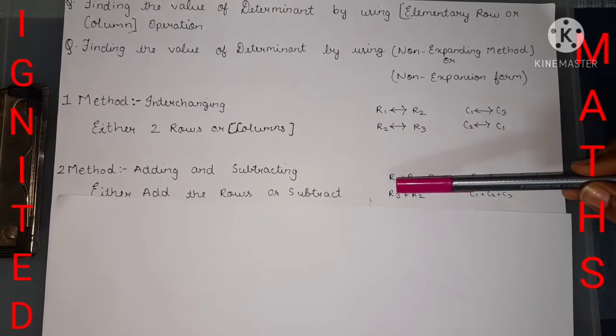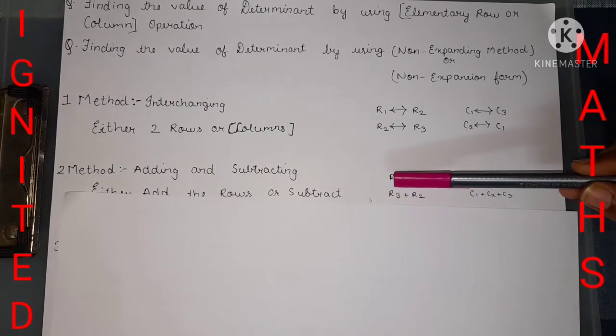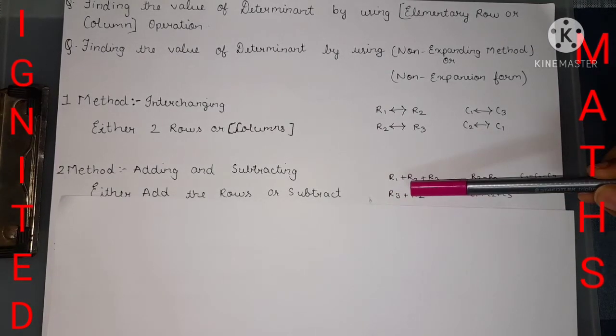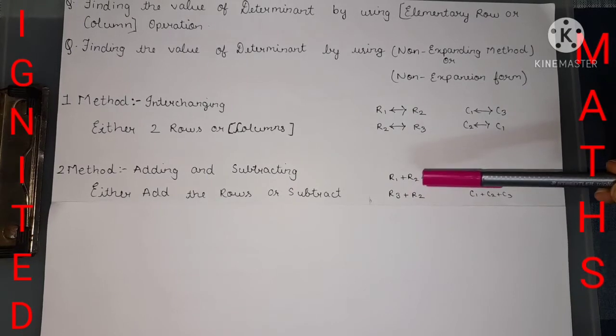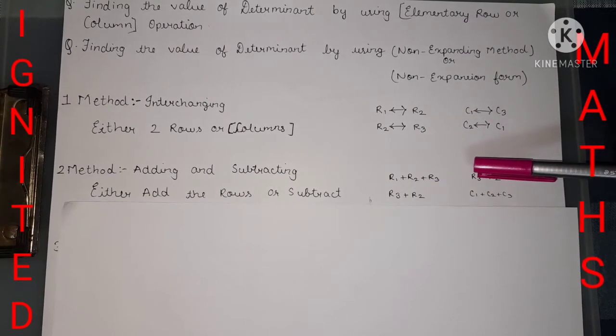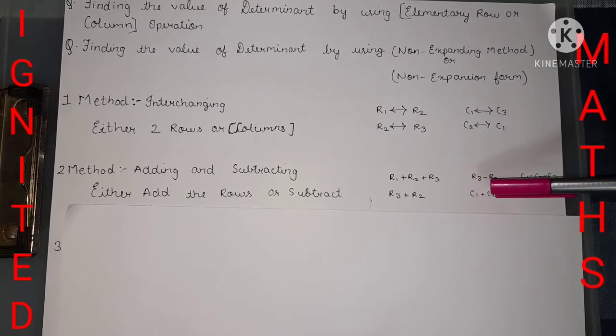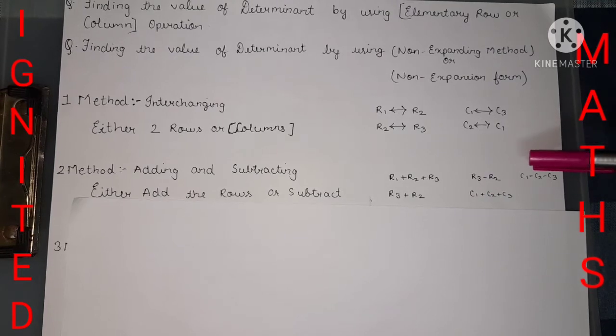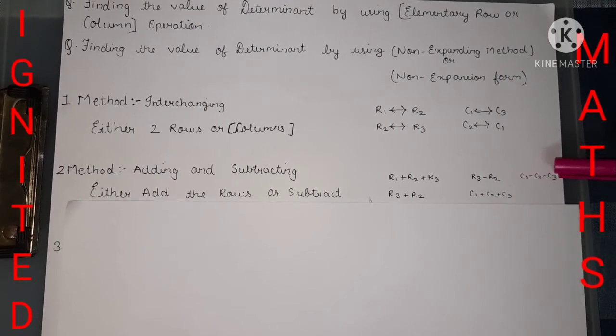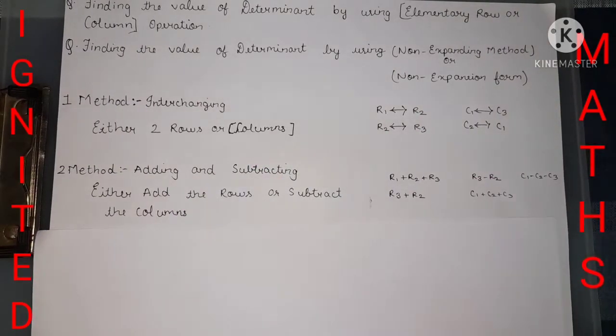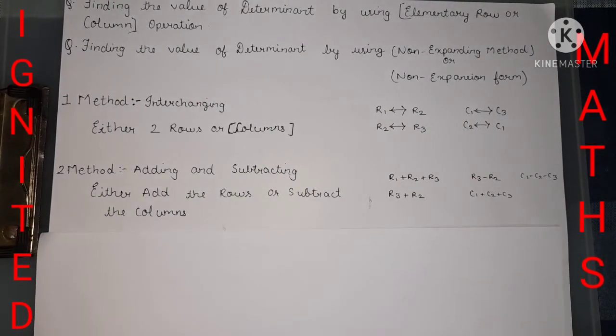Over here, R3 plus R2, row 3 plus row 2, you can add both. Next, R3 minus R2: we have subtracted the second row from the third row. We can add or subtract columns also. Here I add column 1 plus column 2 plus column 3. Column 1 is subtracted by column 2, and both terms are subtracted by column 3. So method 2 says that we can add and subtract rows and columns.